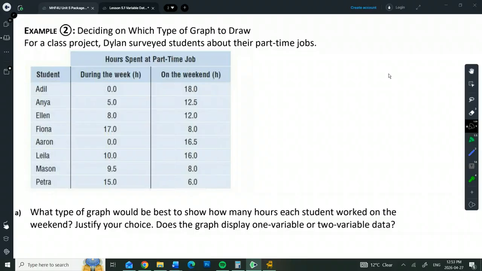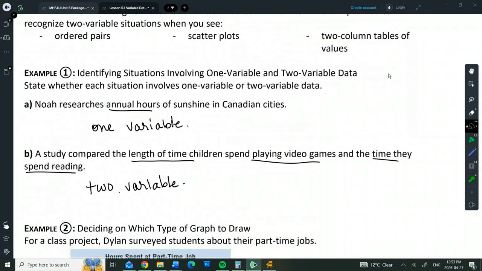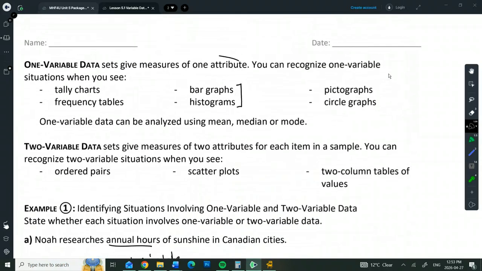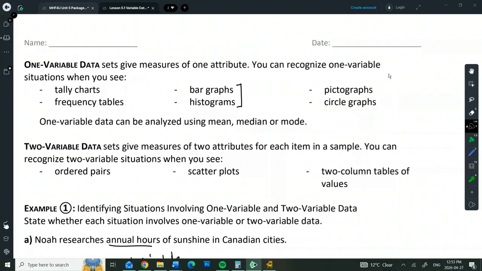Okay, that would be one variable data because hours worked on the weekend is just your one variable that can be measured and is changing for each student. Okay, and what would you suggest, maybe out of the list that we went over up here, might be a good option for how we could show that in a chart?